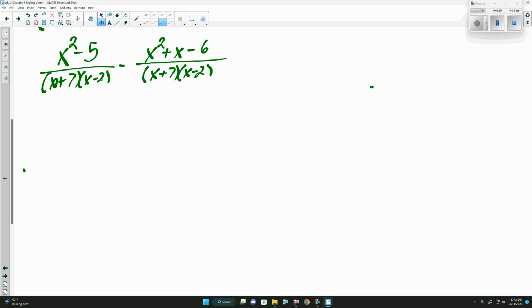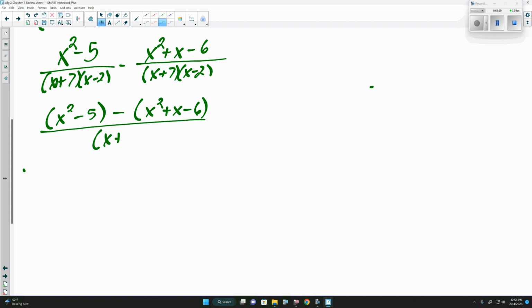So that means for us here that we do have x squared minus 5 minus x squared plus x minus 6. Now when we subtract, we do need to make sure we distribute that negative through that entire set of parentheses, that second numerator.